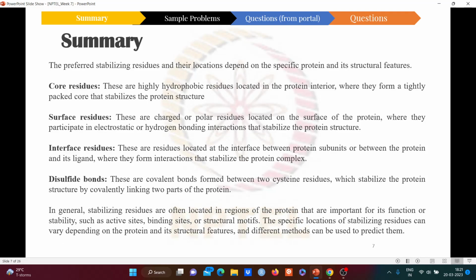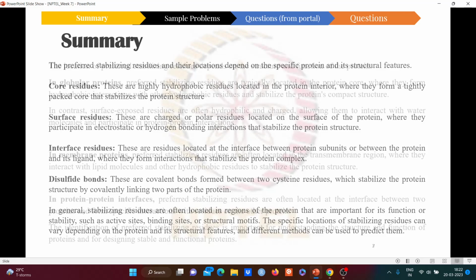In general, stabilizing residues are often located in regions of a protein that are important for its function or stability, such as in active sites, in binding sites, or in structural motifs. The specific locations of stabilizing residues can vary depending on the protein and its structural features, and different methods can be used to predict them.